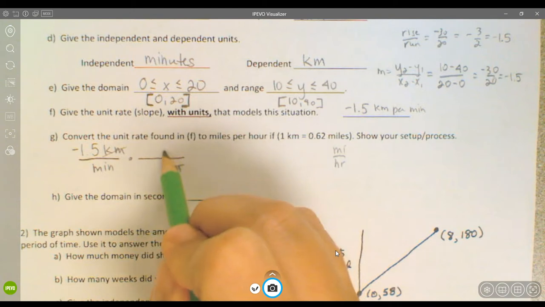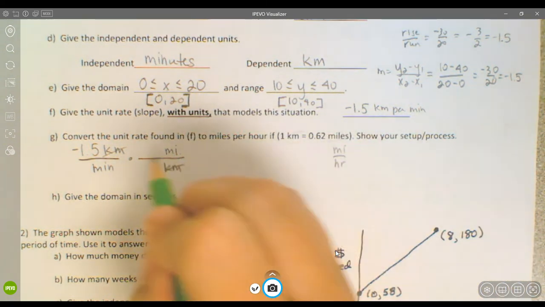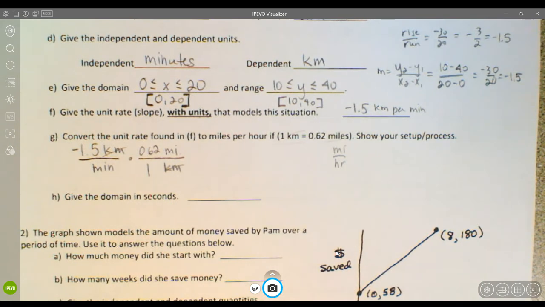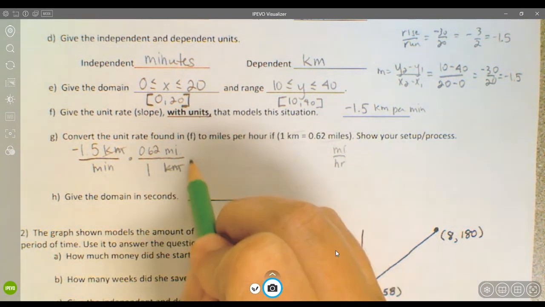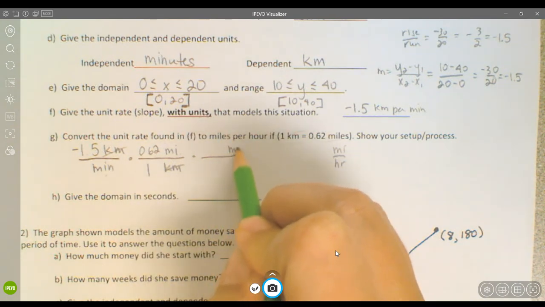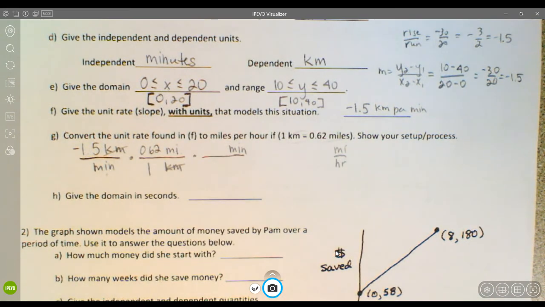And I need miles in the numerator. Is there some unit rate that equates miles to kilometers? Yeah, it's right here. I know that 0.62 miles equals 1 kilometer. So I've taken care of my distances. Now let's look at time. I need to turn minutes into hours. So in order to remove the minutes in the numerator, I need minutes in the denominator. Let me start over.